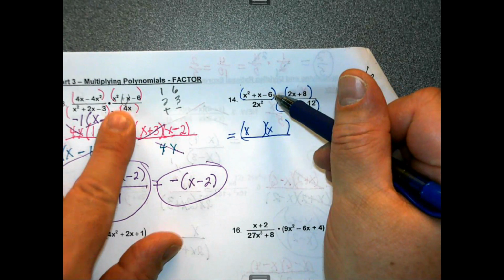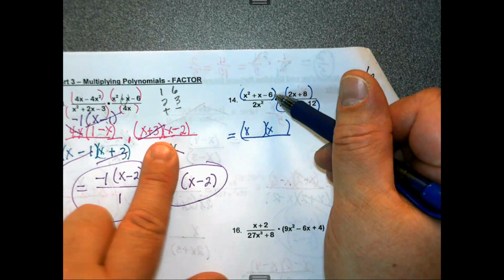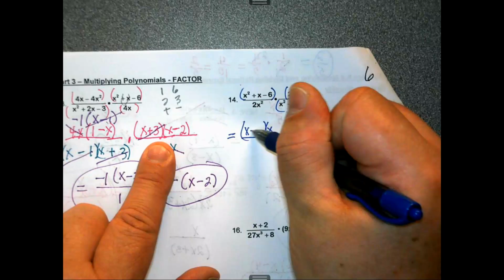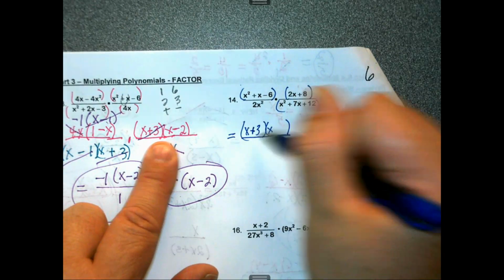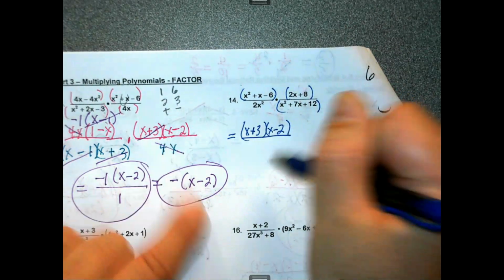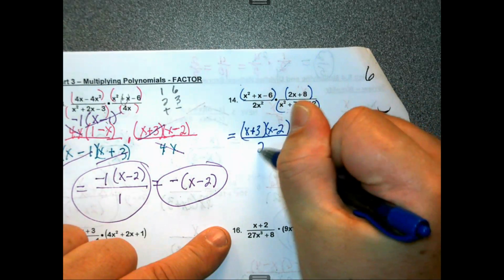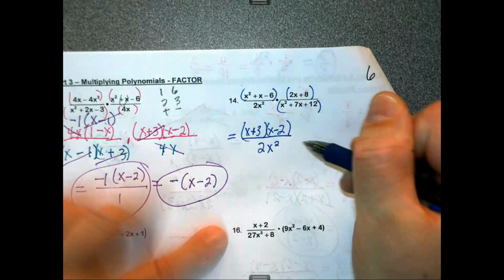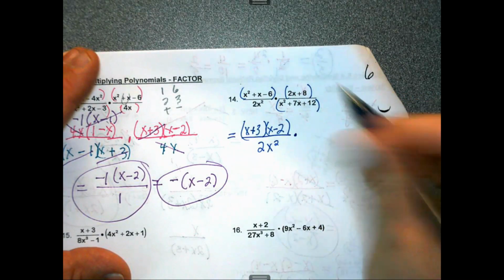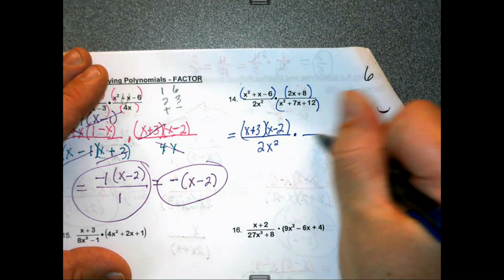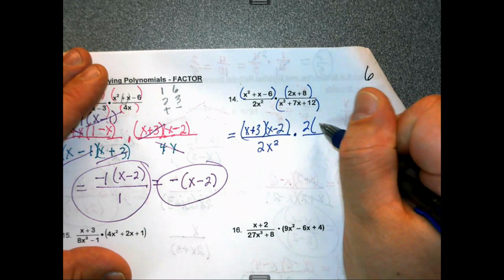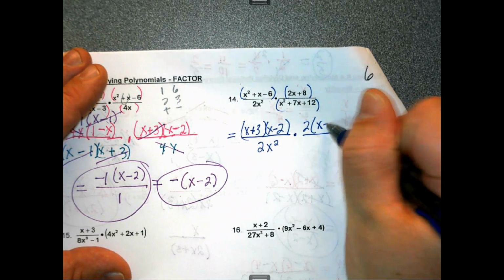We did this exact one. That was x plus 3, x minus 2. That was easy. Over 2x squared times, see, I can take out a 2. Leaves me with x plus 4.